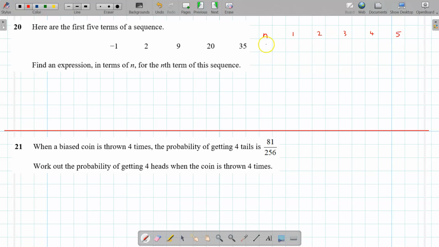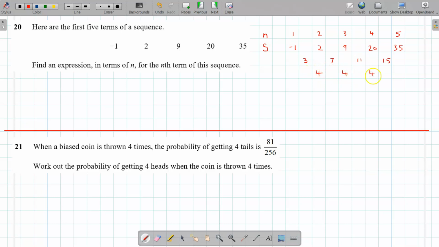Then underneath that, the sequence itself, which is -1. Okay. 2, 9, 20, and 35. The first difference, 3, 7, 11, and 15. And the second difference is 4, 4, 4.